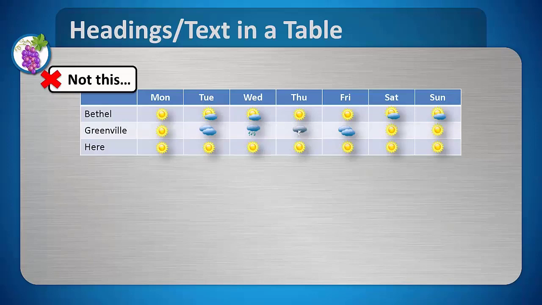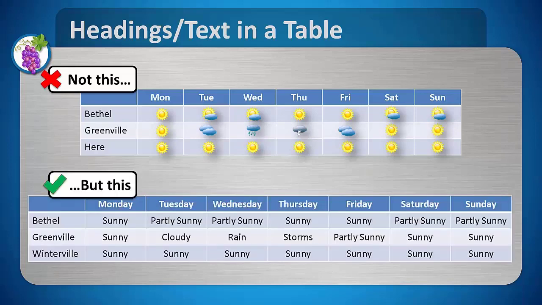You could go in here and attach alt text to every sun, every cloud, every rain cloud, and so forth, and make this work with a screen reader. But that is a lot of extra work versus doing it with just text. Everything still has the same information, but you don't have to go in and put any alt text because everything's text already.